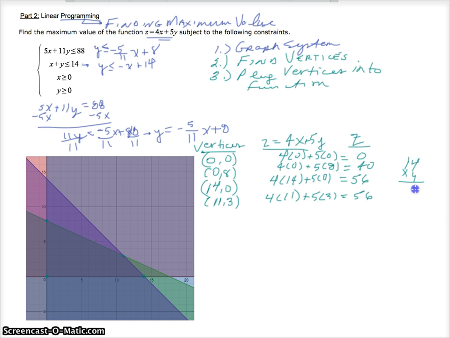Yep, 56. So our maximum values are going to be these two. So our maximum value for z equals 4x plus 5y equals 56. Let's look at one more problem.